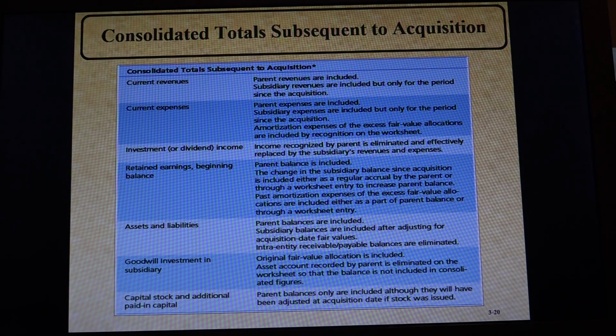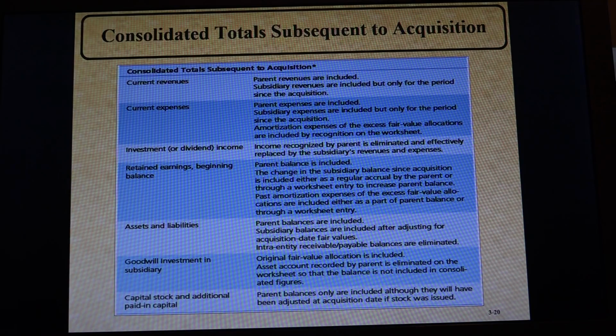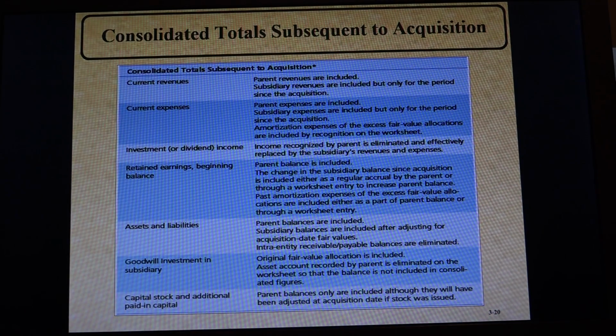Note that the patented technology is now at 91,000. So 130 minus what? $39. 130 minus 39. Three years of amortization at $13,000 a year.